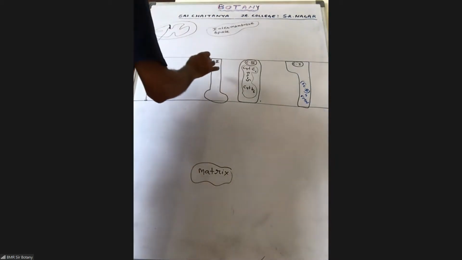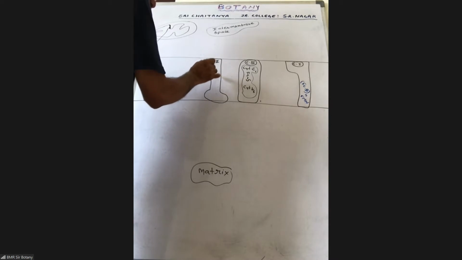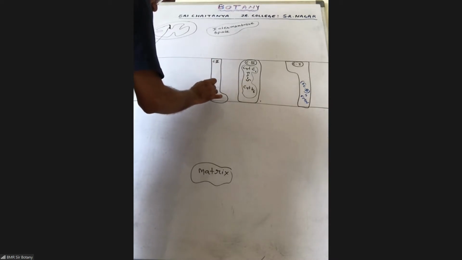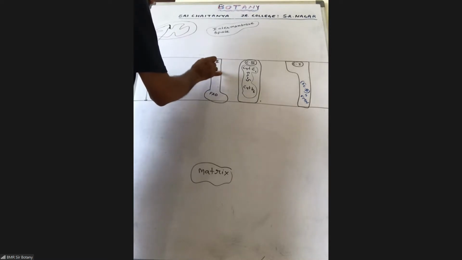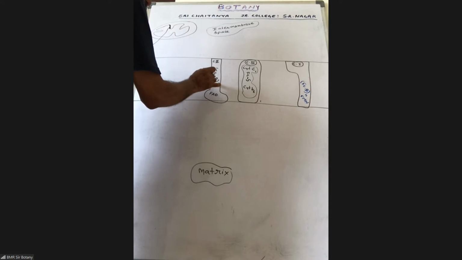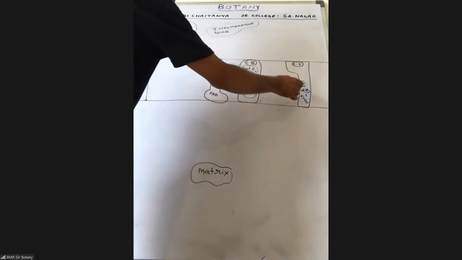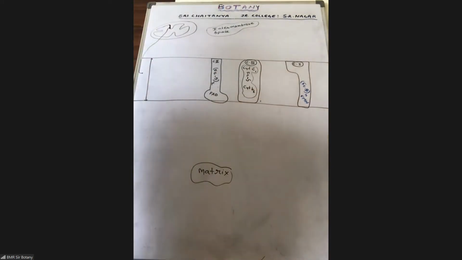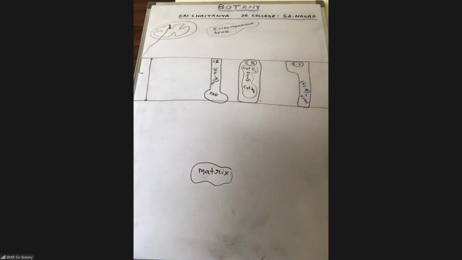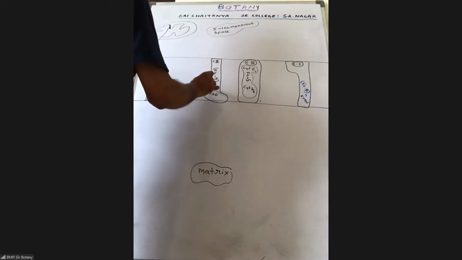Complex 2 has 2 iron sulfur centers, then FAD. So you can write it as 2. Here 1, here many. That's why N number we wrote. A coenzyme of this is FAD.